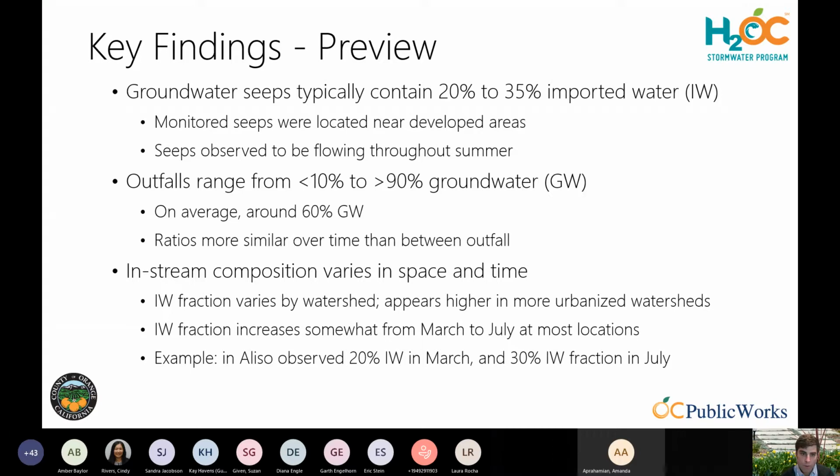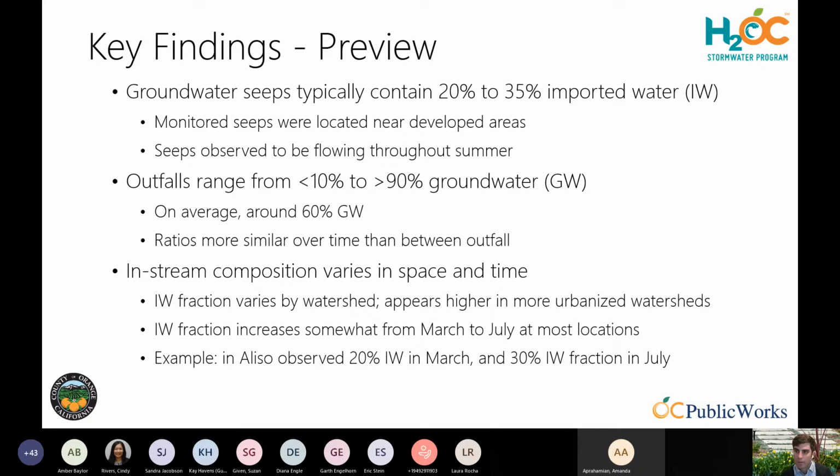But on average, what we saw was that the outfalls were around 60% groundwater. The other component of that is the surface runoff that occurs from the watersheds due to irrigation, overspray, and other releases in the urban environment.